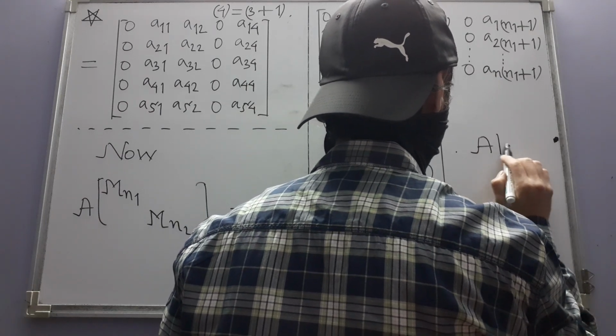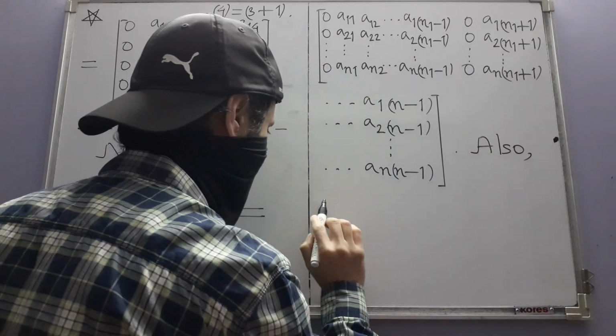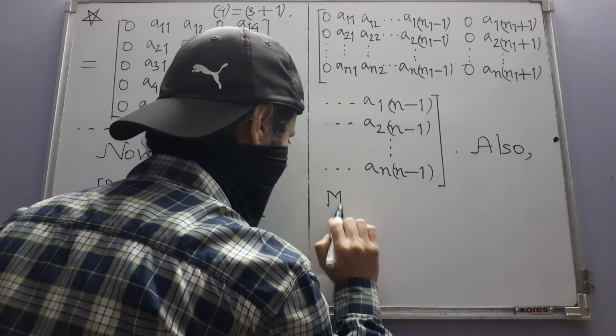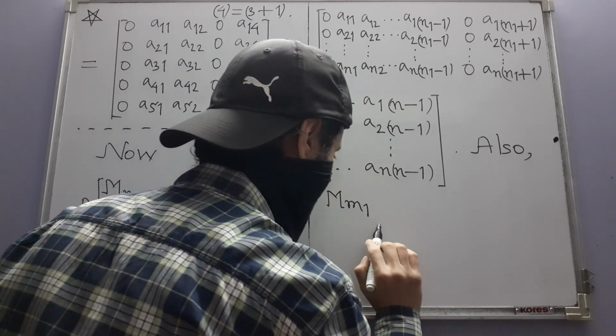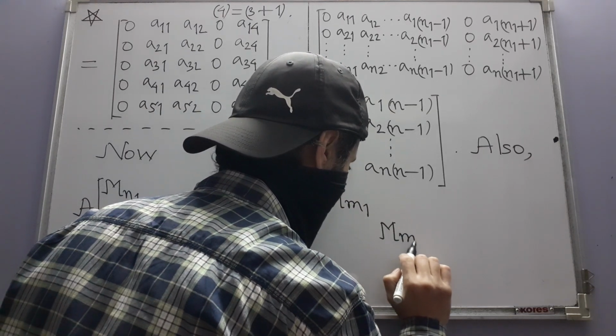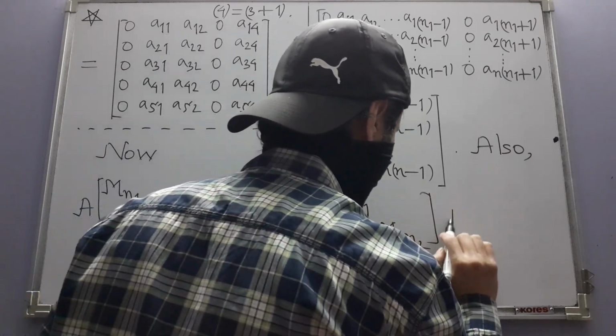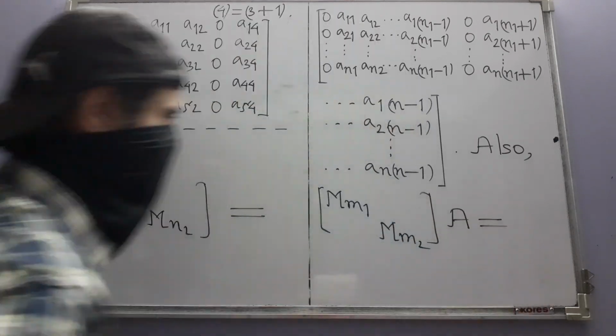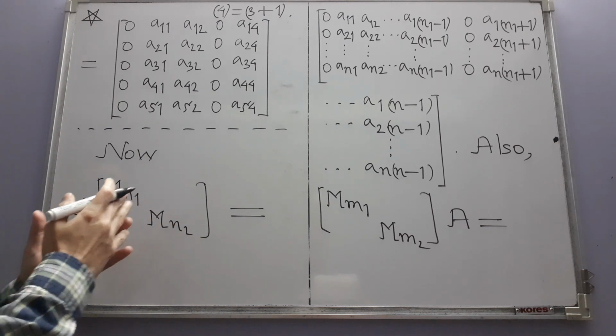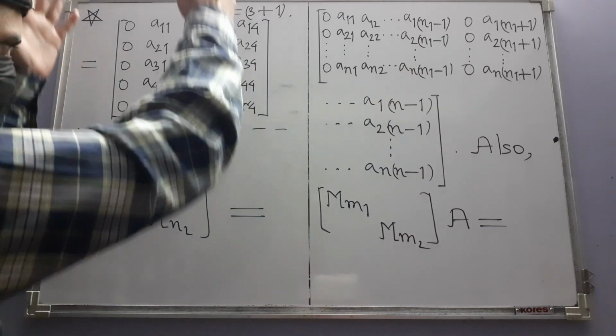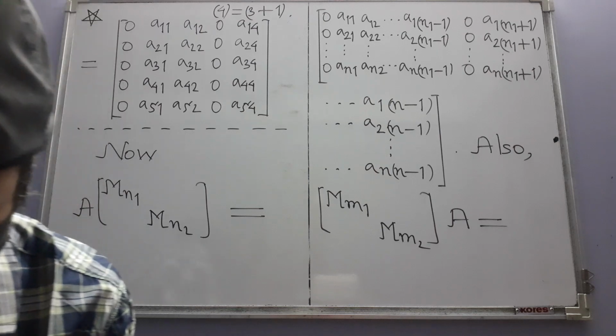Also, m1, m2, a is equal to. For this one, however, we won't need horizontal space, but we need vertical space.